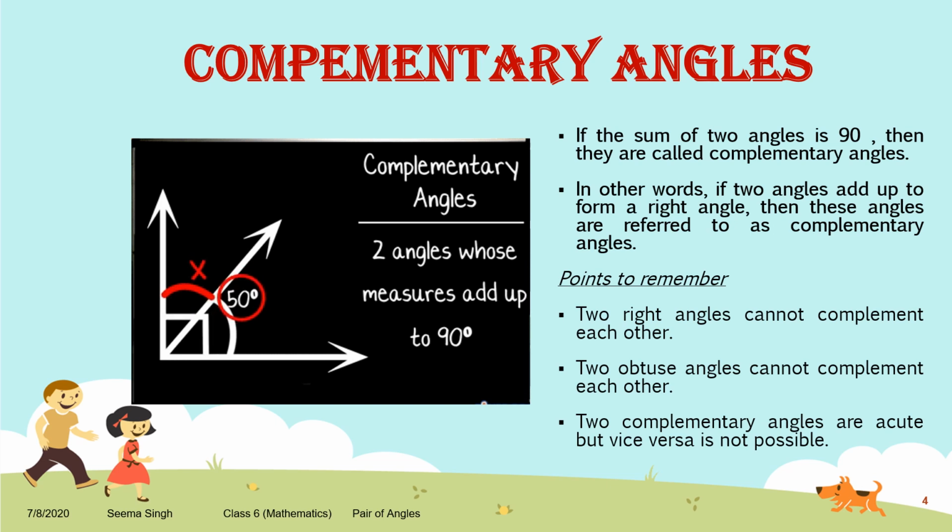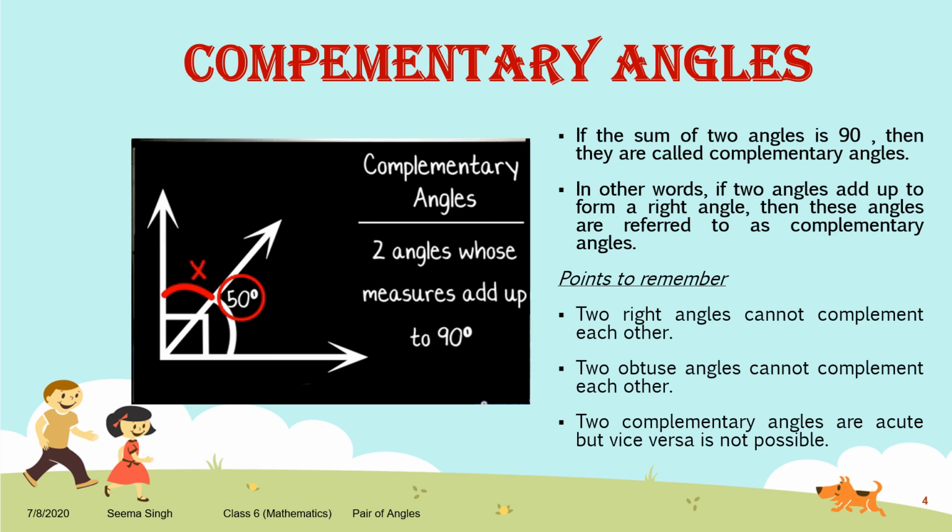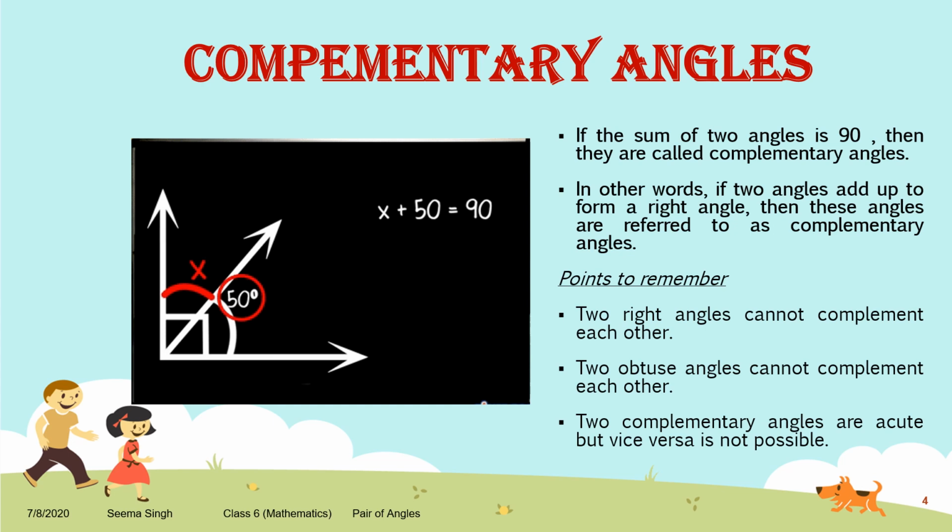Third, two complementary angles are acute, but the vice versa is not possible. Whenever two acute angles sum up to 90°, they can form complementary angles. But a complementary angle is always acute.